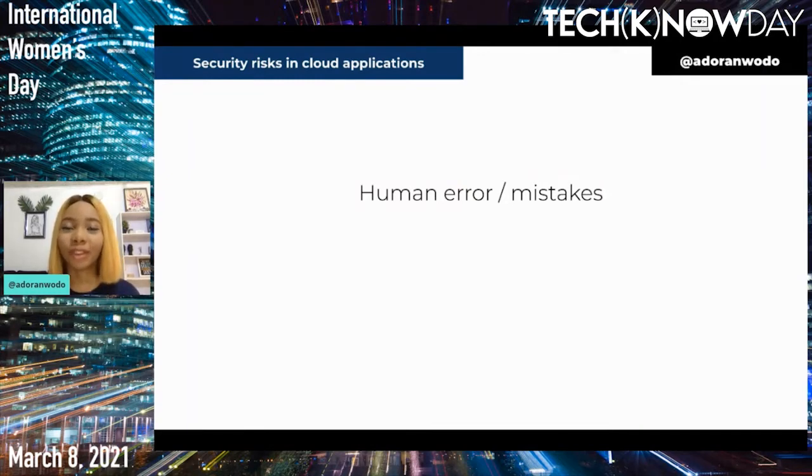There are no restrictions. That's the same way it's possible for your application to be accessed by multiple people. And if you don't properly regulate who you want to give access to, how you want to control that access, and how you want resources to be given to people, there is a chance that terrible things could happen. One of them would be human error, human mistakes.